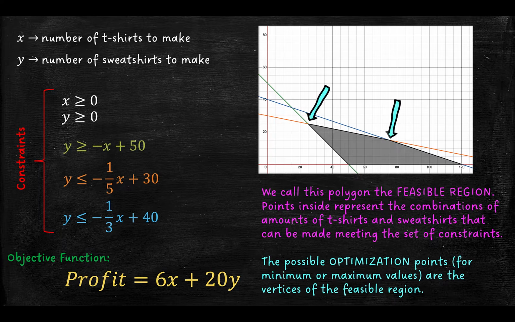The way mine shook out, it ends up being a quadrilateral with 4 corners, and those are the possible points for either maximizing or minimizing our profit. All the other points can be produced, but they are guaranteed not to be the minimum or maximum. We want to go to the extremes if we want to make money, right?